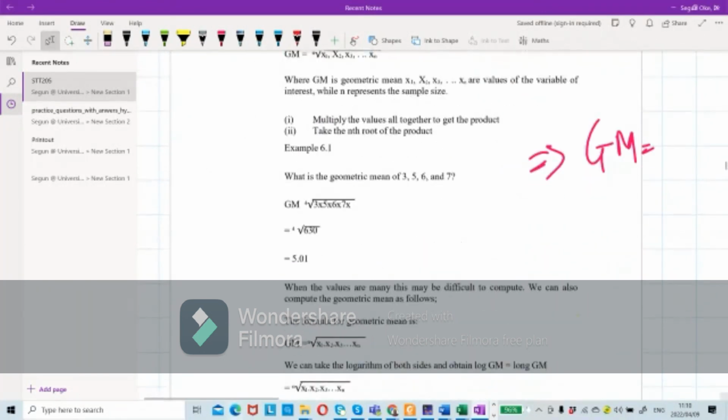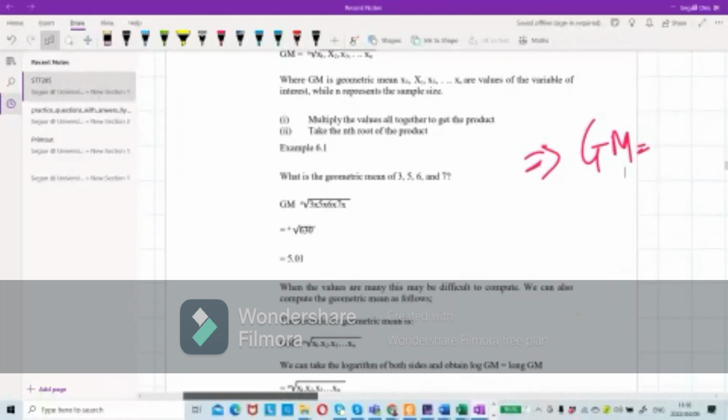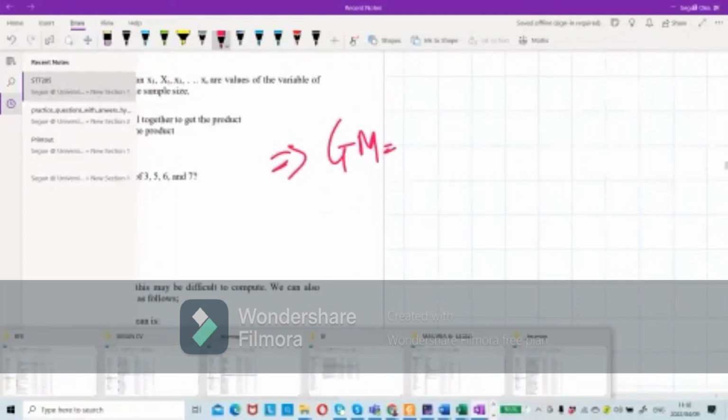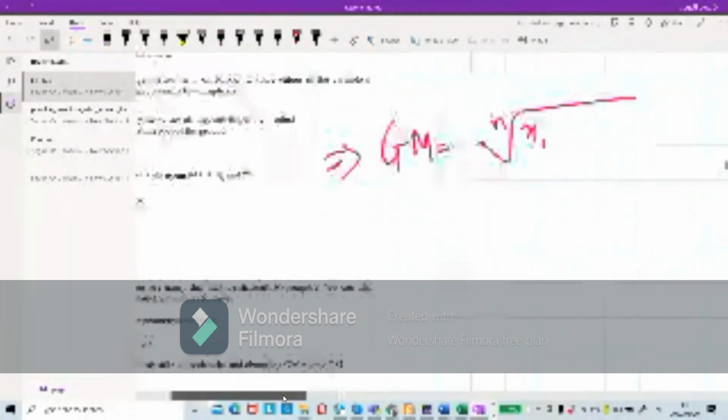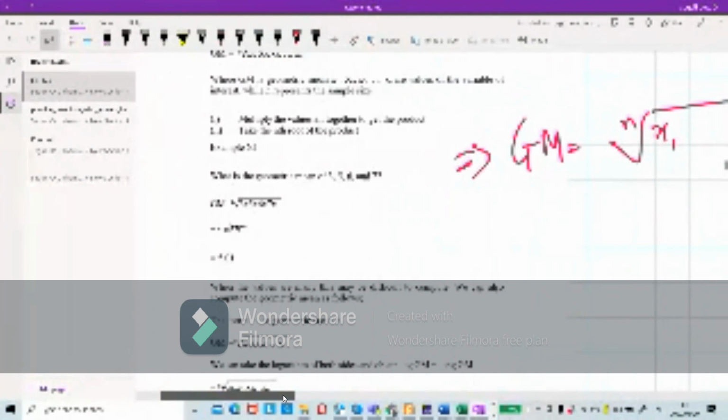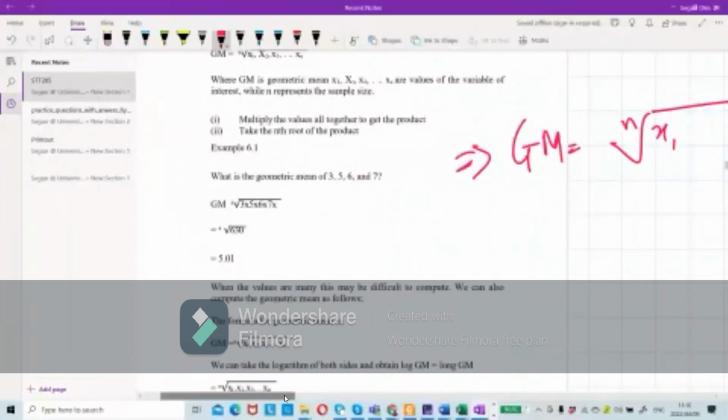They can give you just 3 questions, 4 questions, and ask you to solve it. It depends on the numbers they give you.